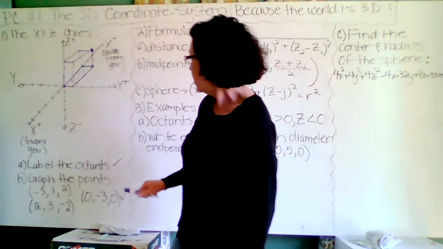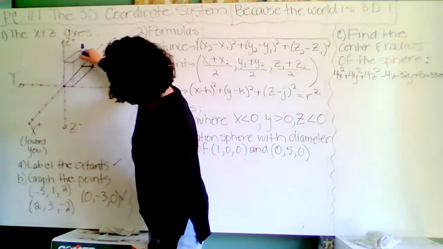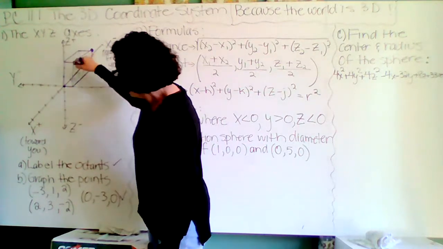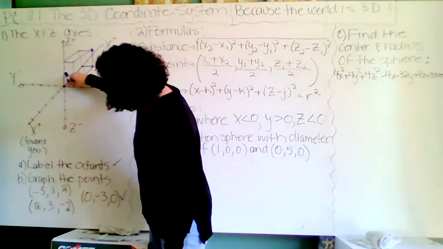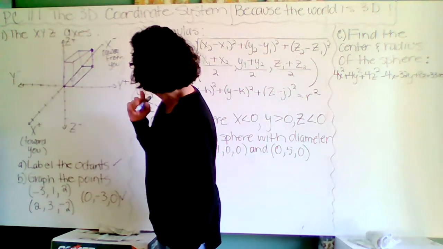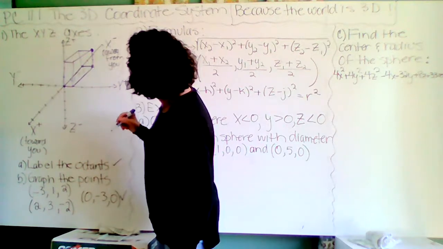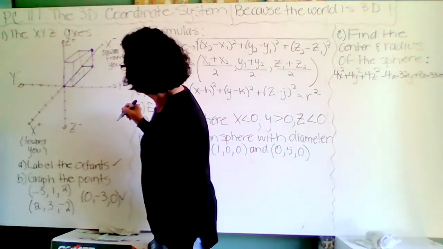Notice that -3, 1, and 2, right? -3 right here on the x-axis, and 1 on the y-axis, and 2, oh, that was supposed to be 2 on the z-axis. Did I move up? Oh, I moved up 3 in the front.